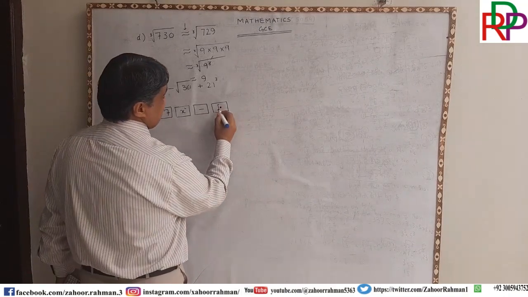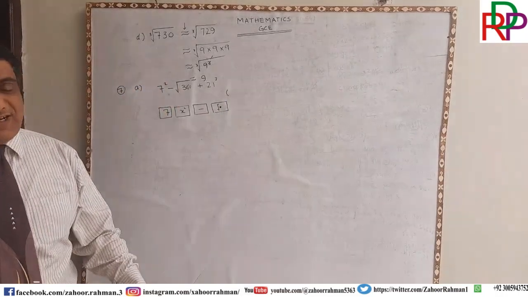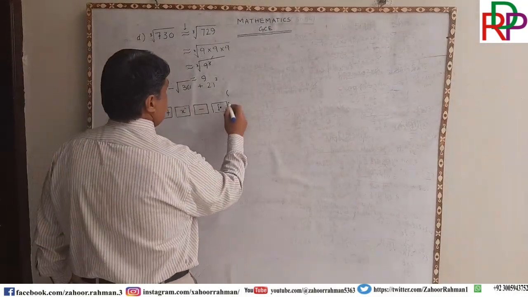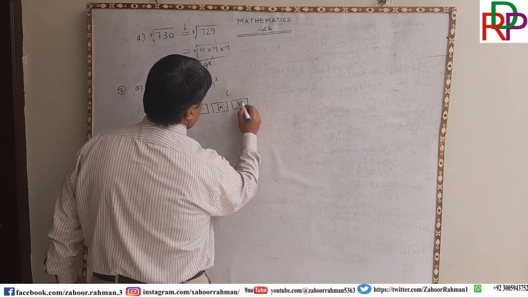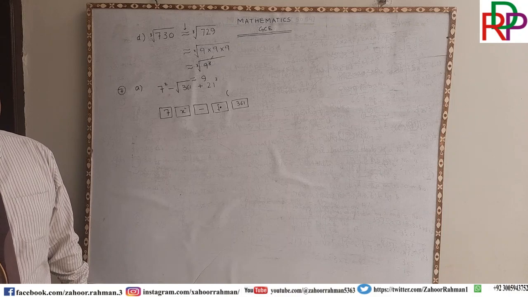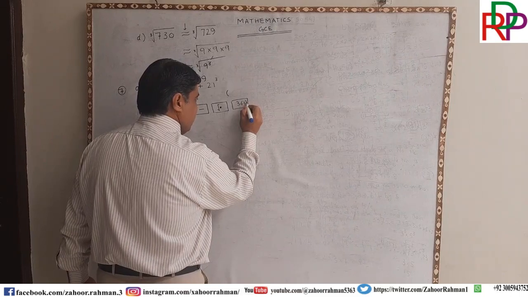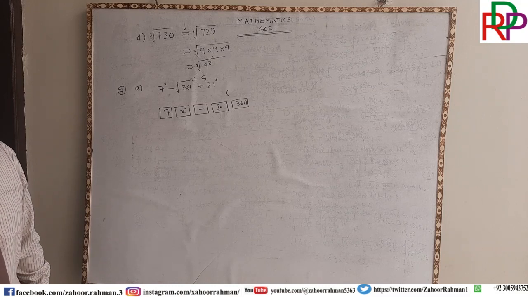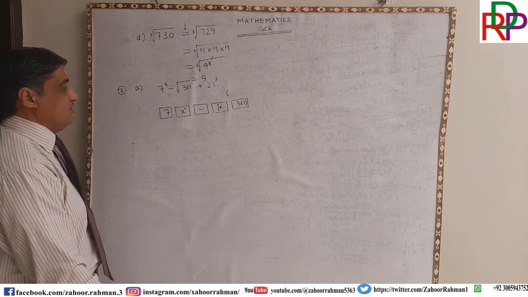When you press this square root, the opening parenthesis comes automatically, and then you have to type 361. I am writing it as one button, but in fact you have to press different buttons: first 3, then 6, then 1, then close the parenthesis.